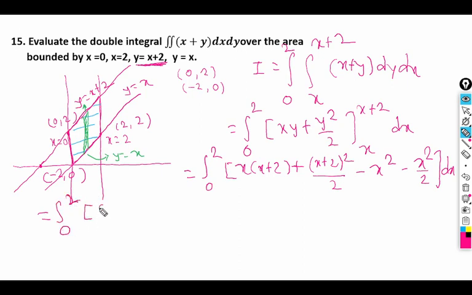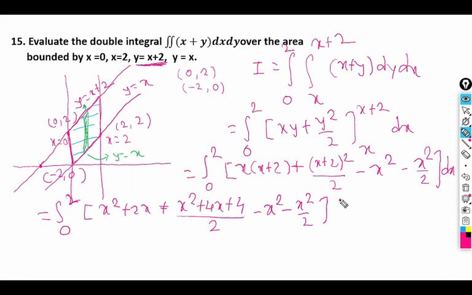When I multiply inside it is x² + 2x, this term. Now squaring this bracket, x² + 4x + 4, minus x²/2 dx.